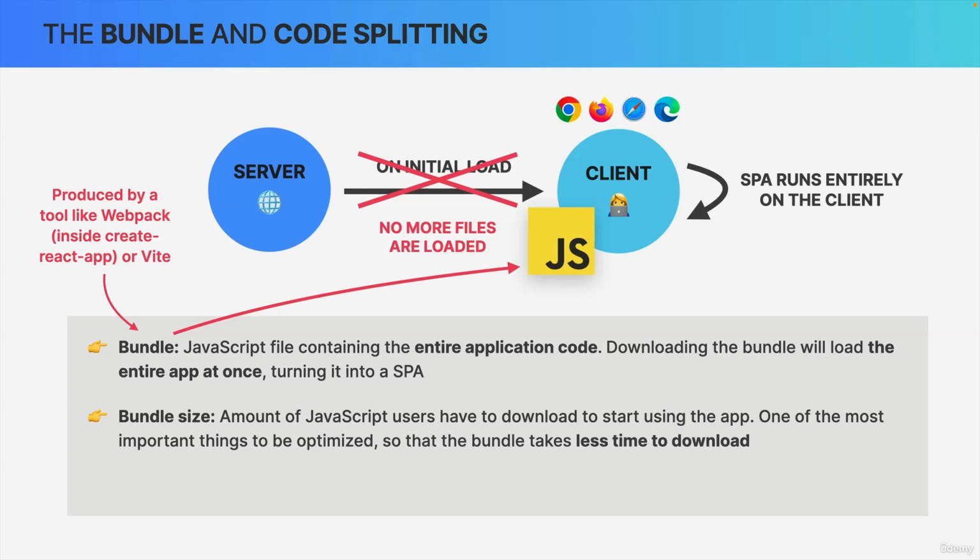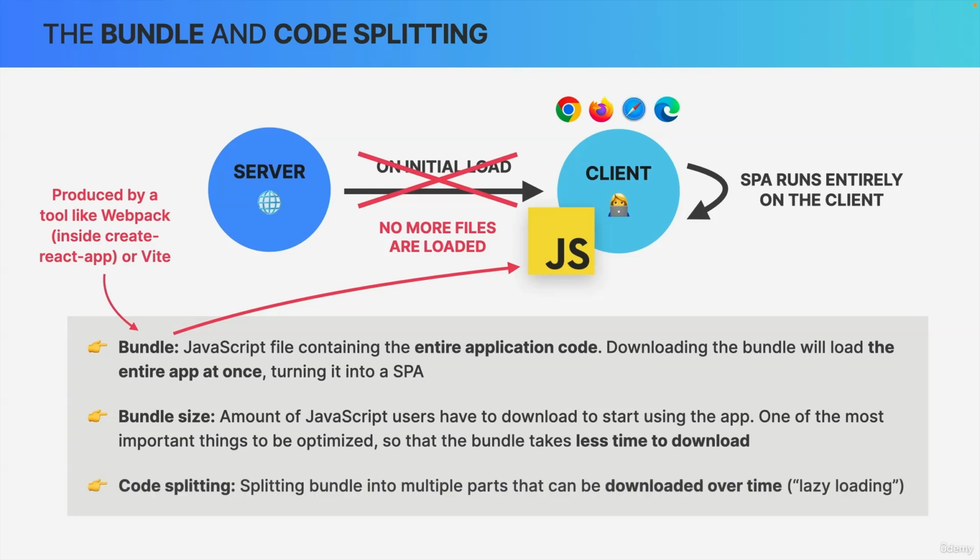And thankfully for us and for our users, it's not very hard to do. So we can just use a technique called code splitting. And code splitting basically takes the bundle and, as the name says, splits it into multiple parts.